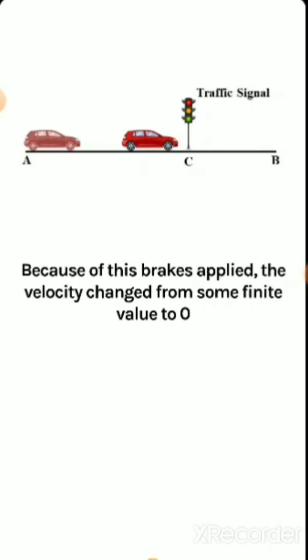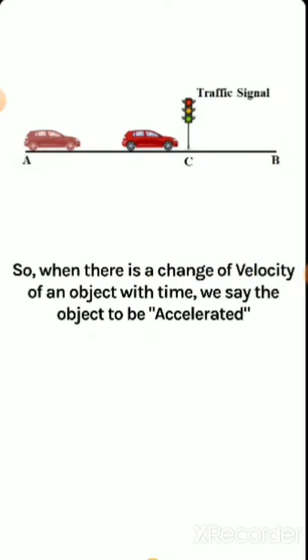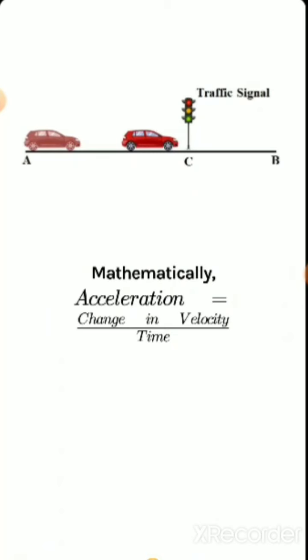Because of this brake applied, the velocity changed from some finite value to 0. So when there is a change of velocity of an object with time, we say the object is accelerated. Mathematically, acceleration is equal to change in velocity divided by time.